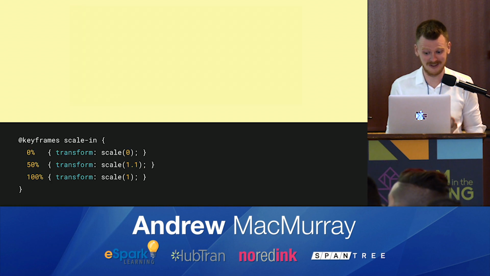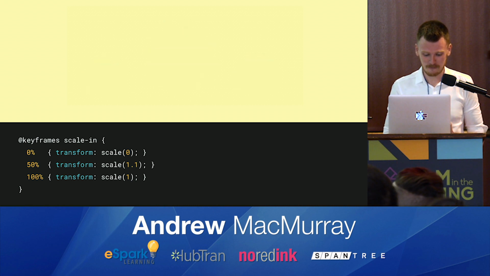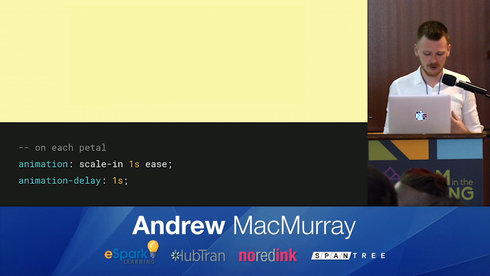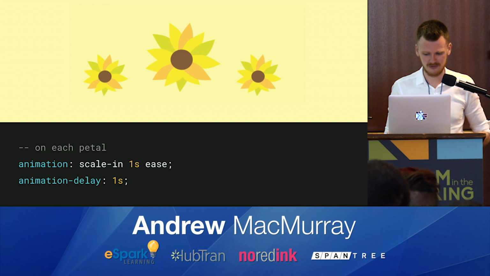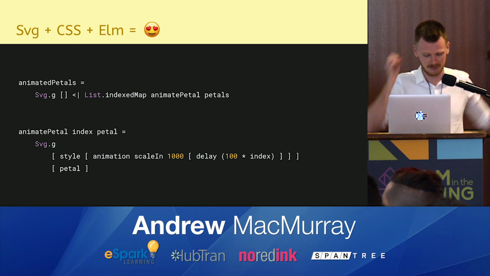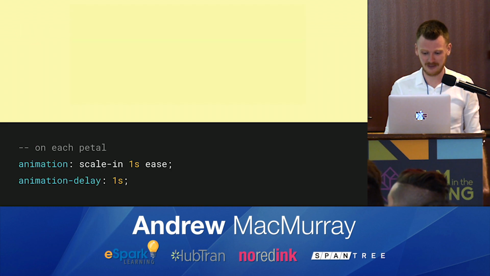I'm going to do some flowers now, which is really cool. This is using a similar kind of animation, and what you can do here is apply this animation delay property. This was where SVG, CSS, and Elm all came together, and I was just like, this is everything. I was so excited at this effect.